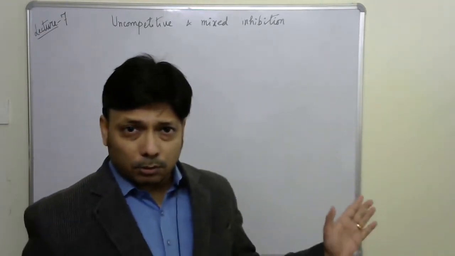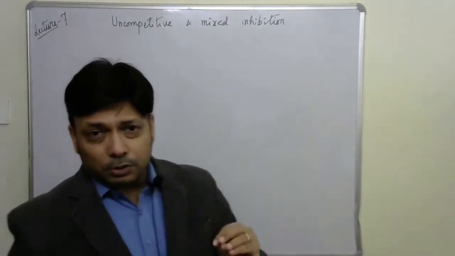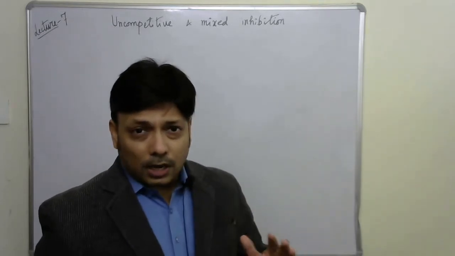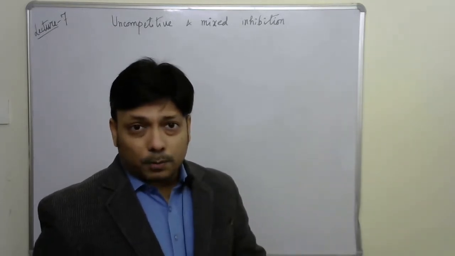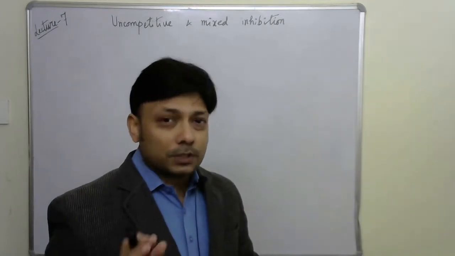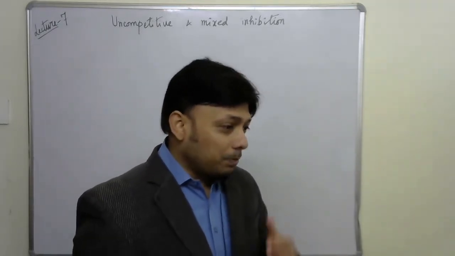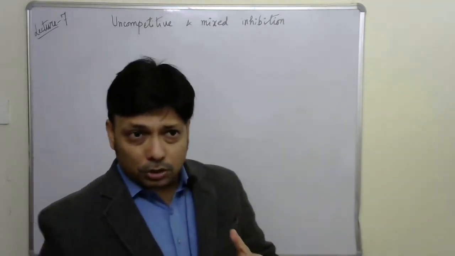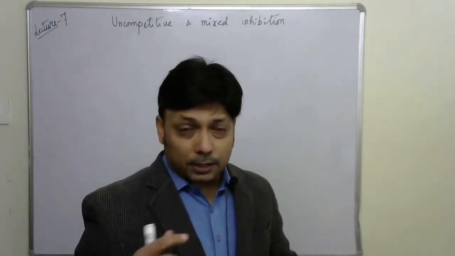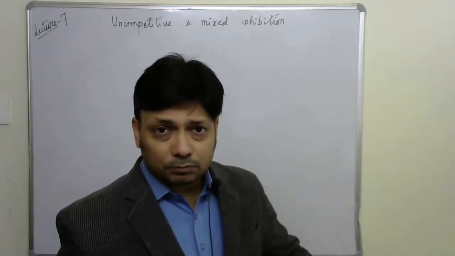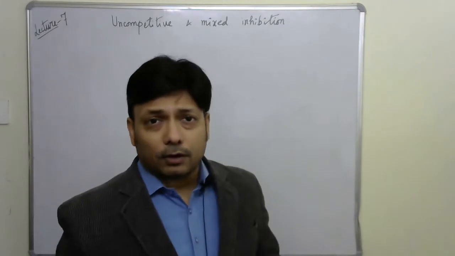But in reversible inhibition, the inhibitors don't destroy the enzymes. Product is formed, but with some difficulty and with some complexities. Depending on the mechanism, reversible inhibition is divided into three categories.